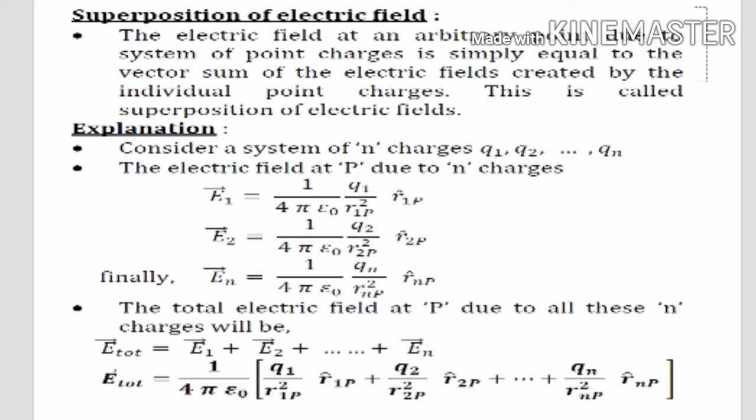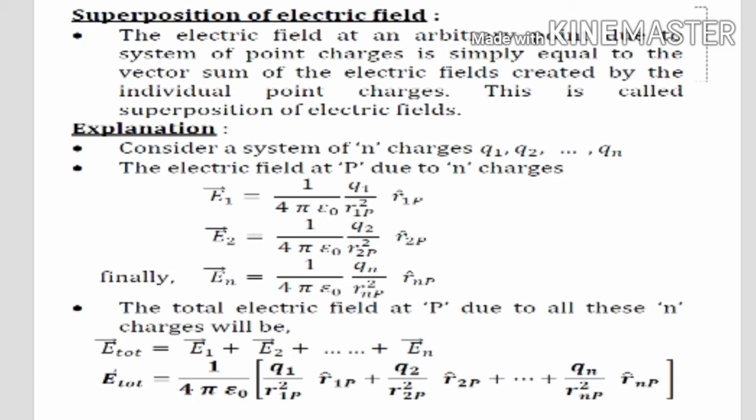Here Rnp cap represents the unit vector which is directed from the nth particle to the point P. Hence, the total electric field at a point P due to all these charges can be written as the sum of the electric field at a point due to each point charge, which can be written as total electric field vector is equal to E1 vector plus E2 vector plus and so on up to plus En vector.